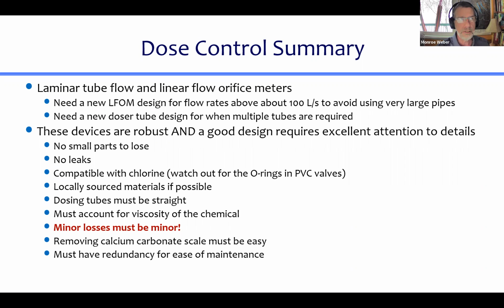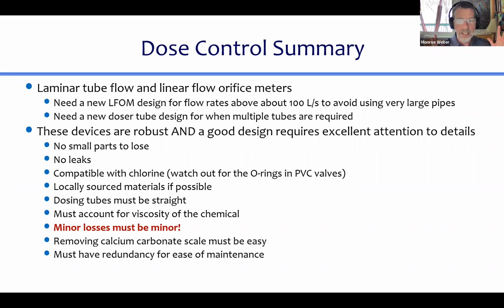So it begins to make more sense to think of another way of fabricating the LFOM rather than using a pipe. And it would argue for doing something in concrete, making a channel with a weir, or maybe it's a PVC plate that's an insert into a concrete wall, and you do all the hole drilling in that PVC plate, but it's just like one long flat plate.